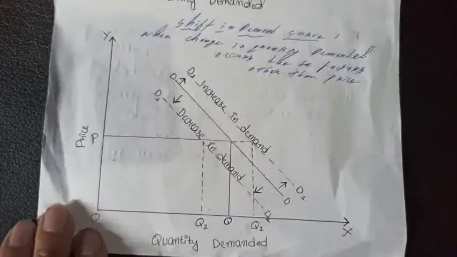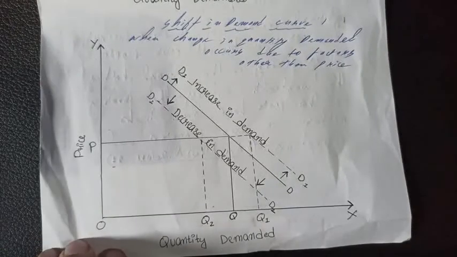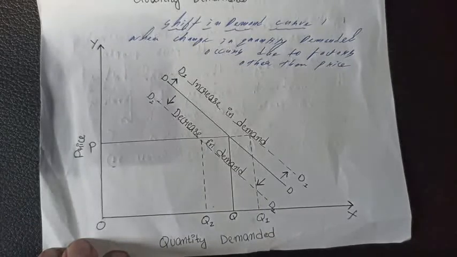Now you see the diagram. Shift in demand curve is again divided into two parts: increase in demand and decrease in demand. Now what is increase and decrease in demand? When there's a change in demand due to change in factors other than the own price of the commodity, it is called increase and decrease in demand. Now what is increase in demand?